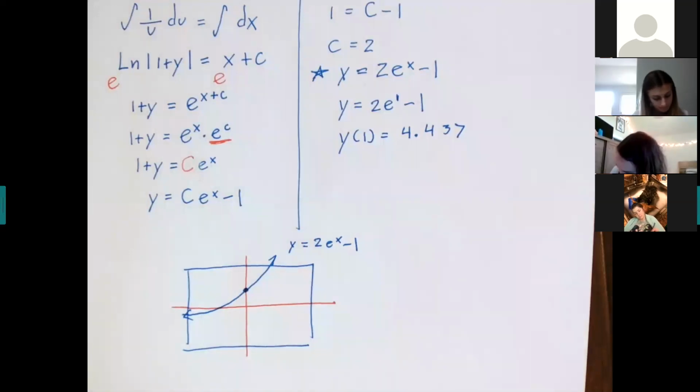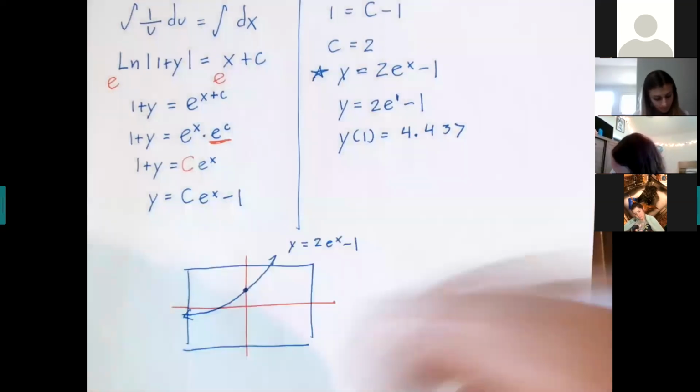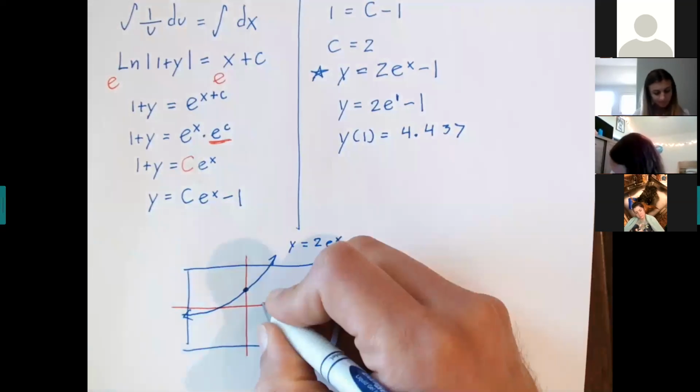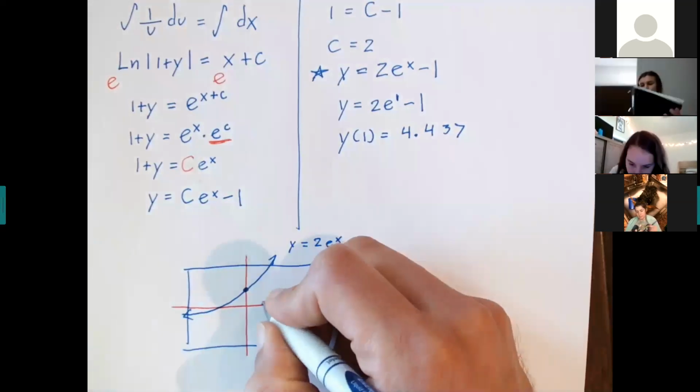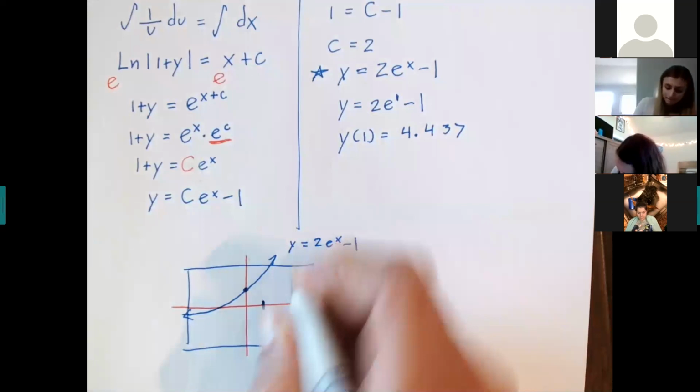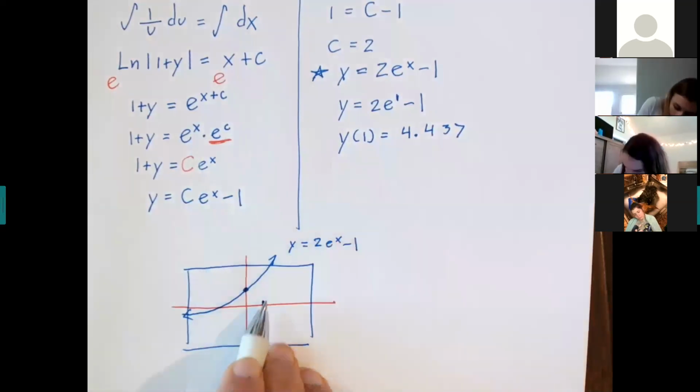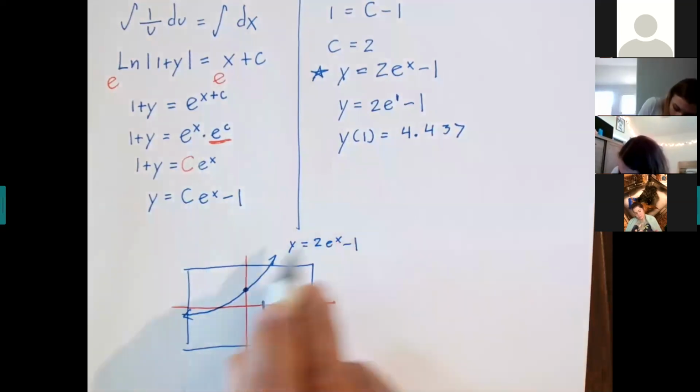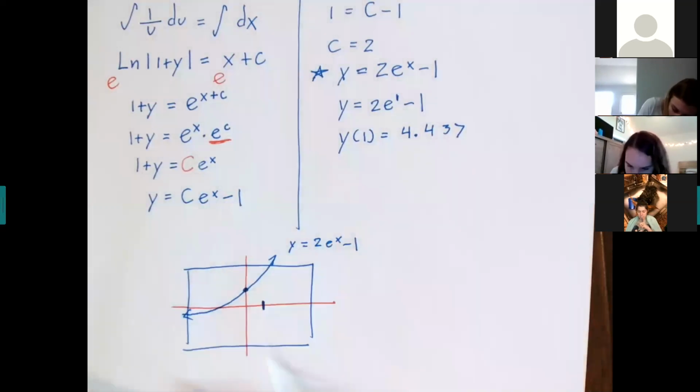Because this is 1, it'd be off the thing. But essentially, y of 1 would be right here. They're asking you if the y value agrees with what you have, around 4.3. And it kind of does, because it kind of goes off the graph. Does that make sense? So there's not really much you can do on that one.